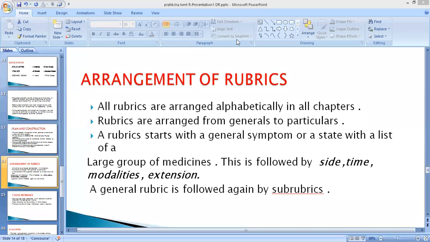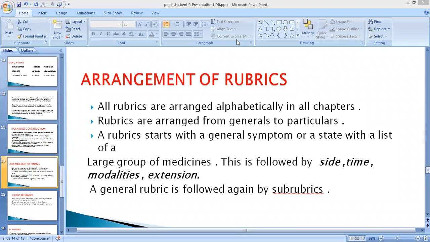What are subrubrics? They are related to that rubric, that is, related to head pain, but in detail. While taking the history, when we ask questions related to head pain, we get the sub-rubrics related to that general rubric.